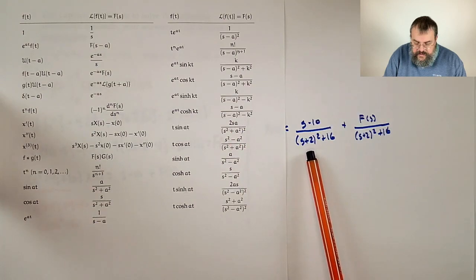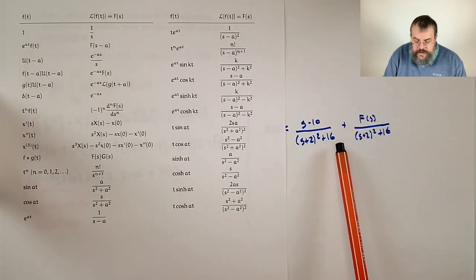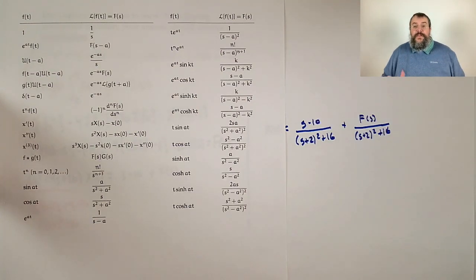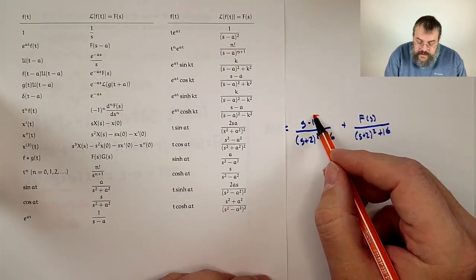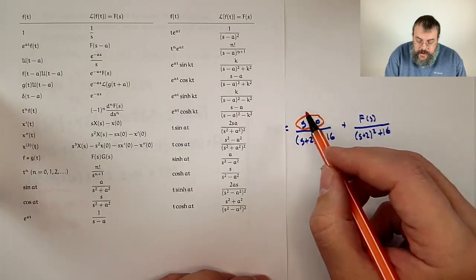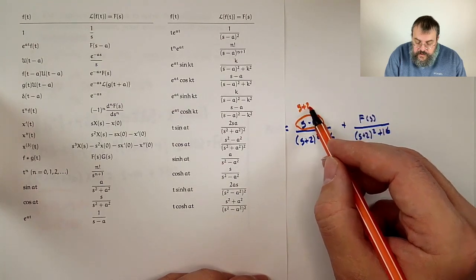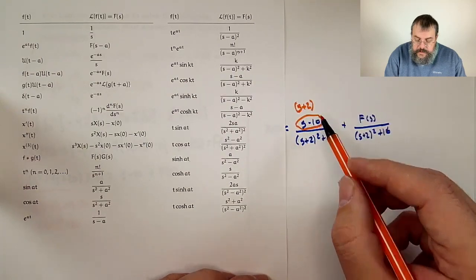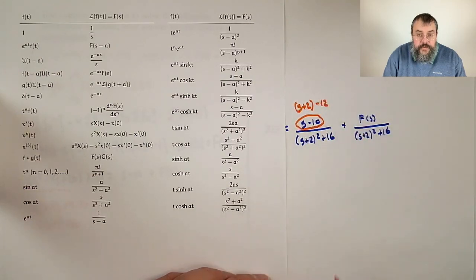Notice that you have s plus 2 squared. Well, that's really s minus minus 2. And then k squared would be like 16. So what do we need to do? Well, what we can do is actually rewrite it. So in particular, see this s minus 10? Well, we can write this as s plus 2, and then we say, okay, we subtract 12.